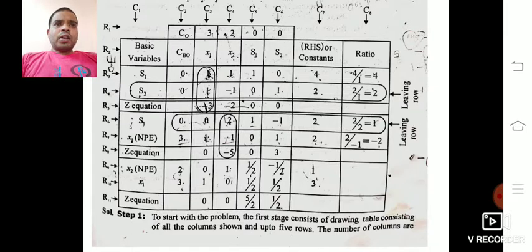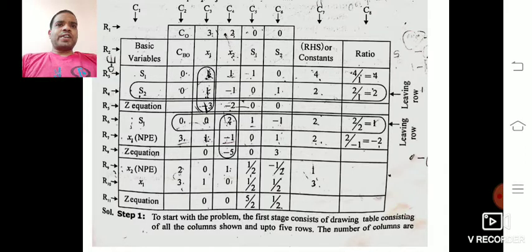The key element means the intersection of the encircled row and the encircled column, intersected at R4 C3, that is 1. You can call that the key element. The old element is 1, and 1 divided by 1 gives 1.